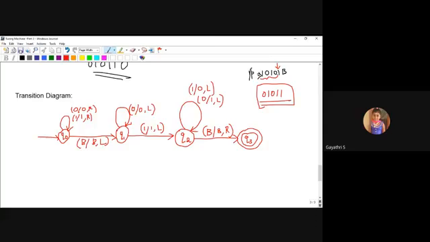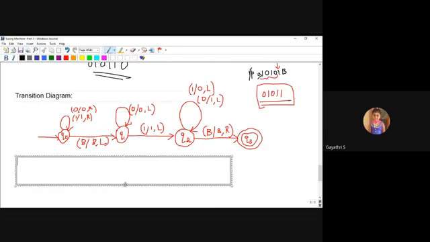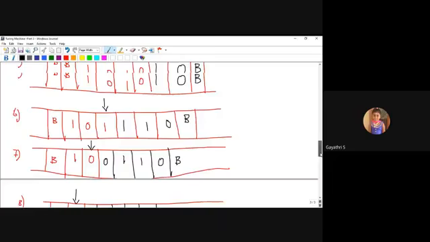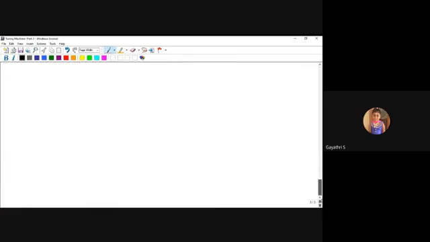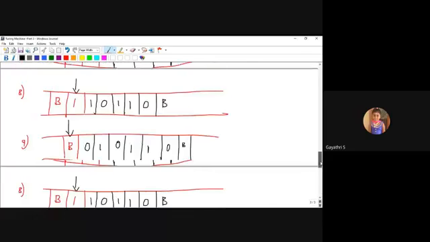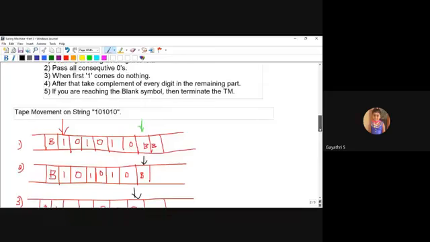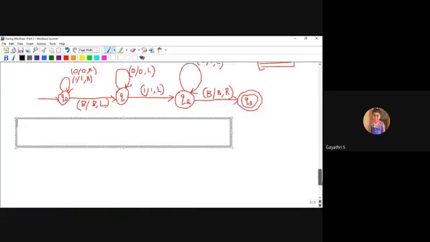From q1 only, the usual part will be started. So the homework, note down: instantaneous description for the string 101010. Not like that, I will take 1010. Okay.